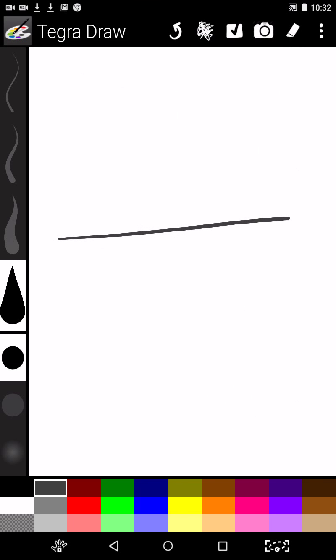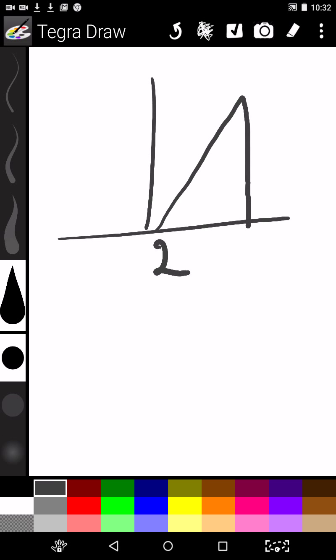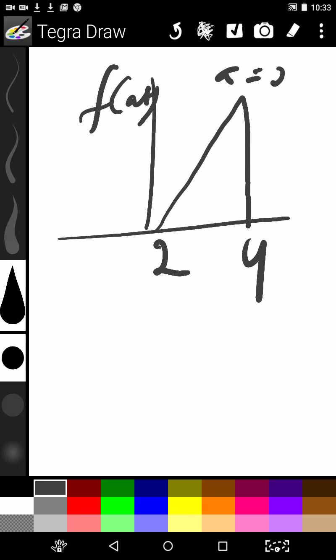That will be 1 by 0.5, that is 2, and that will be 4. This is f of at for a equal to 0.5, and the signal is expanded. How much is it expanded? The width is 2, but in the original signal it was 1. So the signal is expanded by 1 unit.